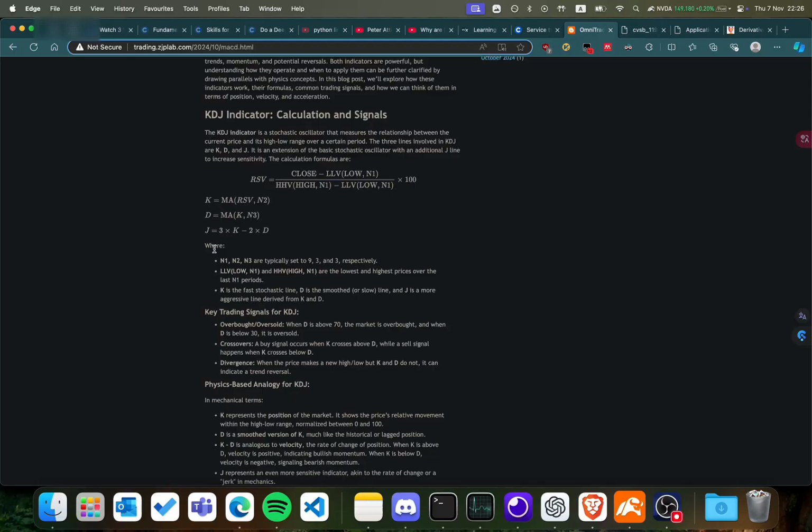You need a moving average to smooth out these stock movements over the recent days, and typically N2 takes the value of 3. We smooth out by 3, so you calculate 3 RSVs and average them out so that you get a more robust calculation of this relative price.